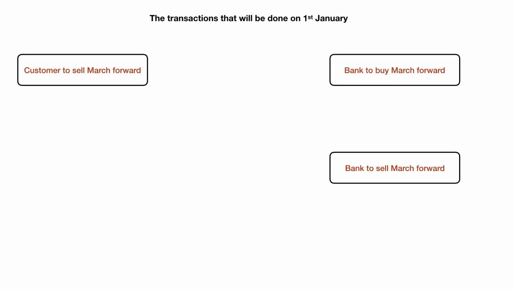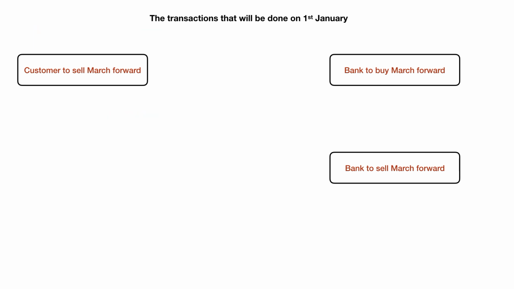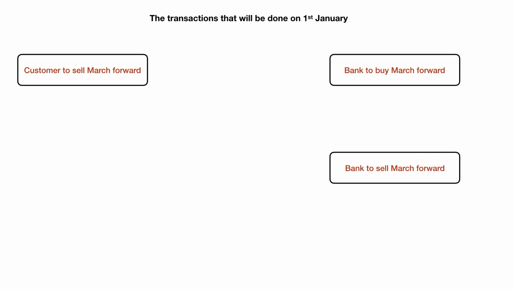Now let's look at what will be the transactions that will happen on 1st Jan. Number 1, customer will enter into a forward contract to sell forward, that is 31st March at 72.30, which also means that the bank is entering into a forward contract to buy the dollars from the customer at 72.3.